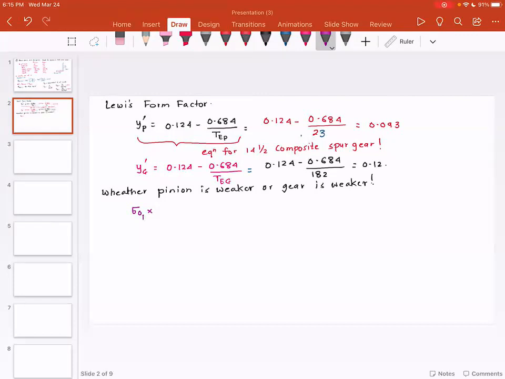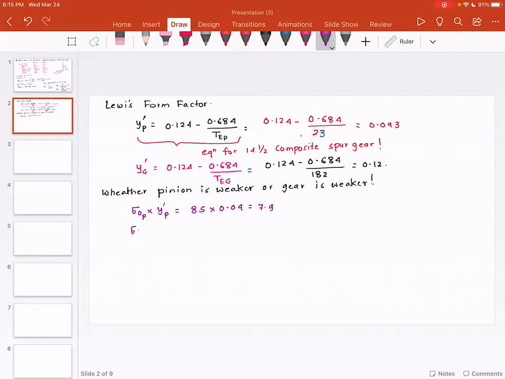So sigma OP multiplied by Y prime P is equal to 85 multiplied by 0.09, that gives me 7.9.